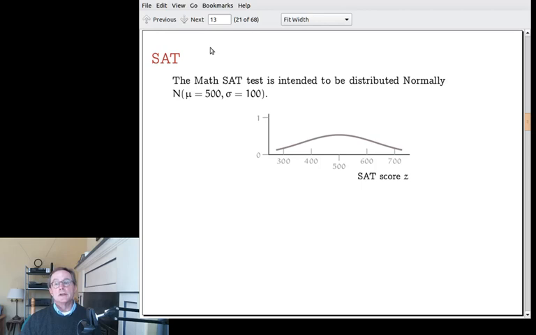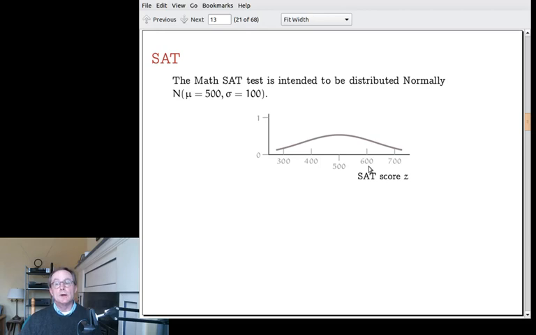Most folks these days seem not to have had personal experience with IQ tests, but they do seem to have personal experience, it seems to me, with SAT tests. So just to give a person a second example, the middle is 500, mu is 500. Sigma, standard deviation, is 100. So people who get a 600 on, say, the math SAT, are one standard deviation unit above the mean.